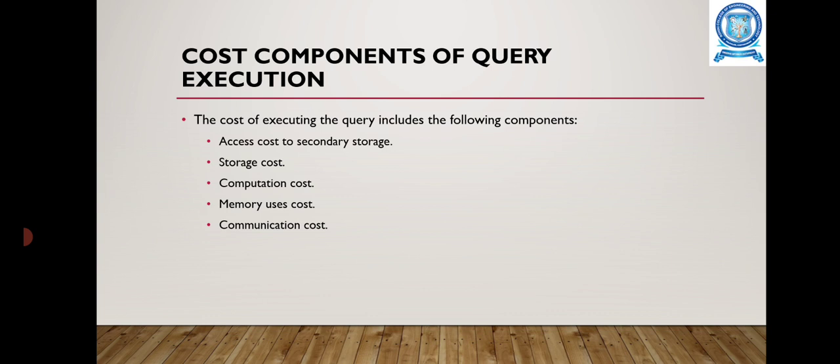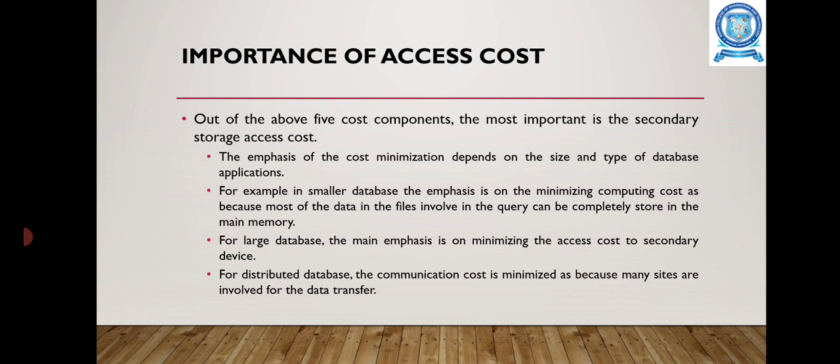The importance of access cost: out of the above five cost components, the most important is the secondary storage access cost. The emphasis of cost minimization depends on the size and type of the database application.